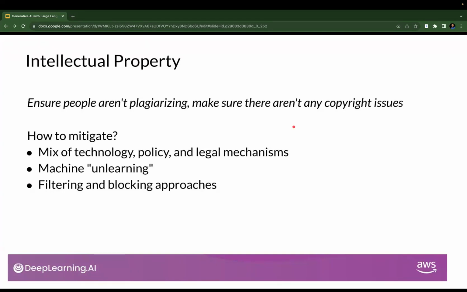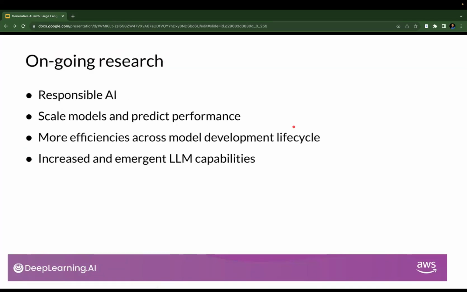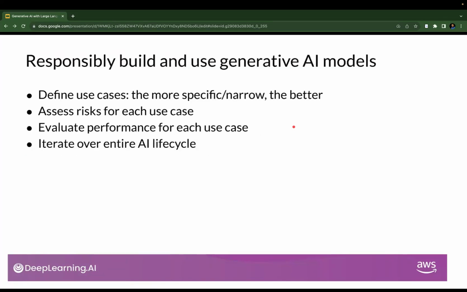Machine unlearning is one approach where the machine tries to unlearn some of the things which are quite sensitive and which should not be exposed. So you have to assess the risk for each use case you identify and then evaluate the performance of the model in an iterative way.